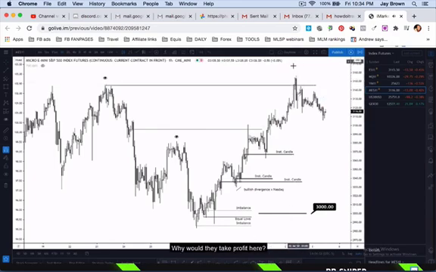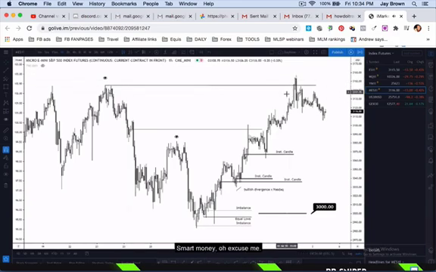Why would they do that? Why would they take profit here and not down here? Because they need liquidity, right? Smart money needs dumb money. As crazy as that sounds, smart money does need dumb money. Everyone is trying to do what? You guys already know. We said it 1,000 times, right? The sell stops that are up here.